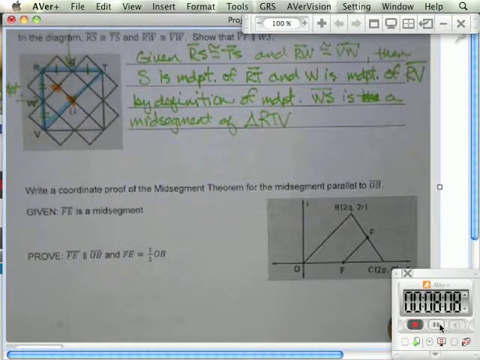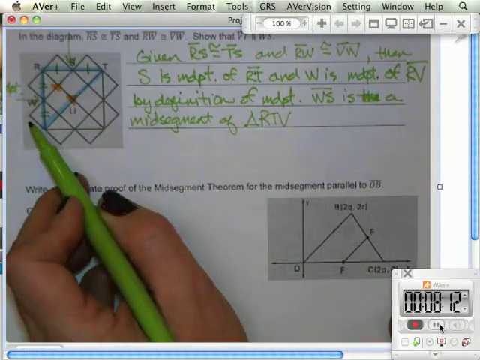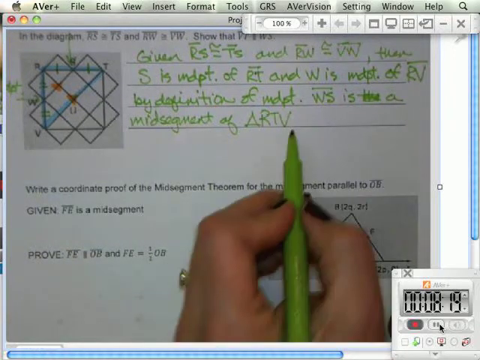All right, so once I've proven that that's the mid-segment of RTV, then I can say that the lines are parallel based on the mid-segment theorem. Cool? Okay, let's finish it then.